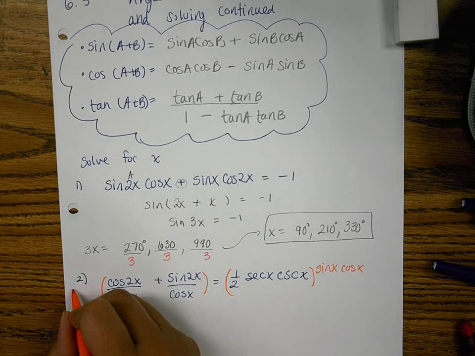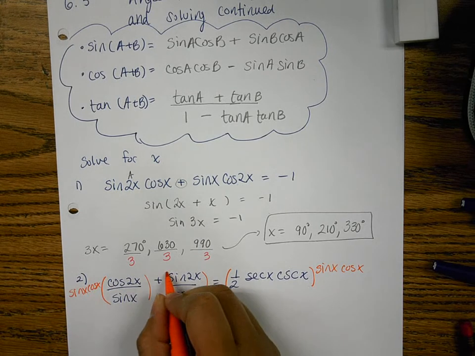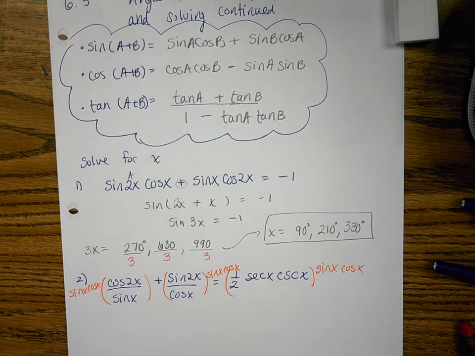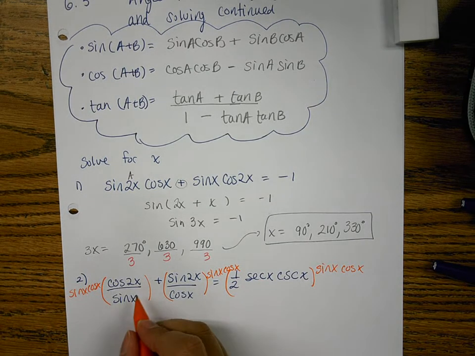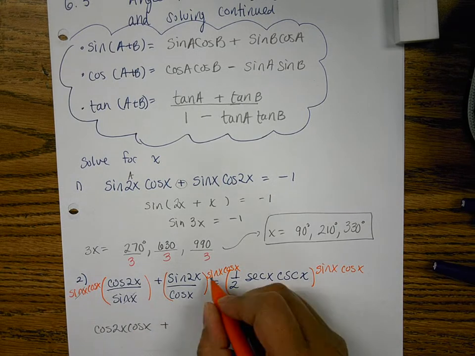Because it is an equation, I can multiply both sides by the common denominator, and the common denominator being sine x cosine x. All right, so I multiply everything on both sides of the equation by sine x cosine x.